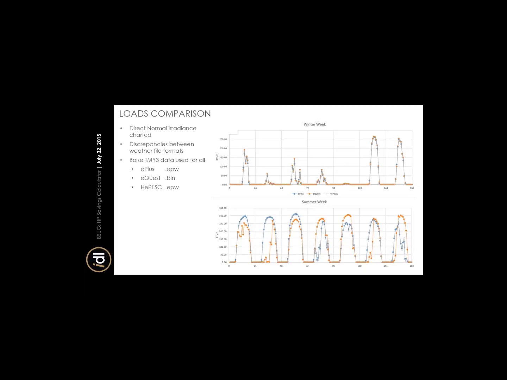I was pretty surprised by that, but they didn't align, so it could explain the differences between EnergyPlus and eQuest, but our tool uses the EPW file, so it doesn't explain the discrepancy between the heat pump calculator and the EnergyPlus results.